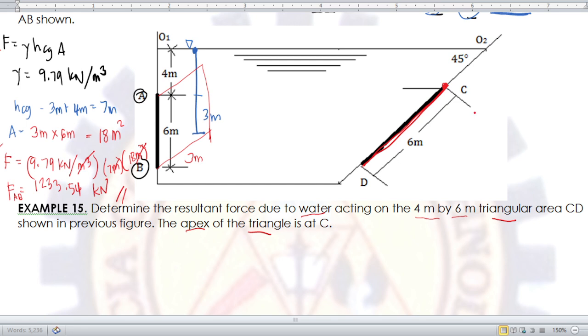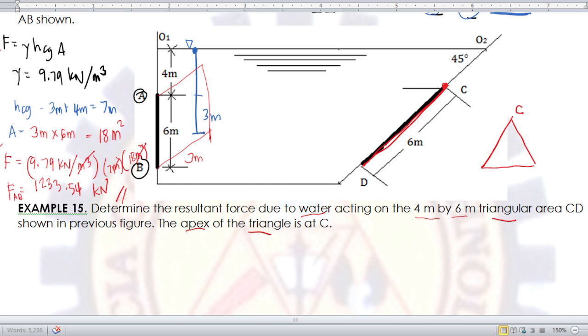So if you draw like this, this will be our C, and this is our D. This is not our D, by the way, this is the D. In this case, class, this 6 meters here is our height.